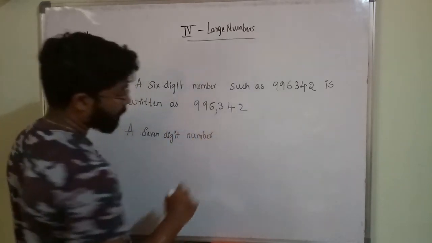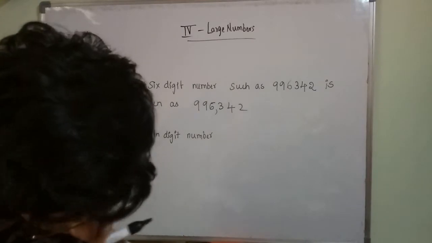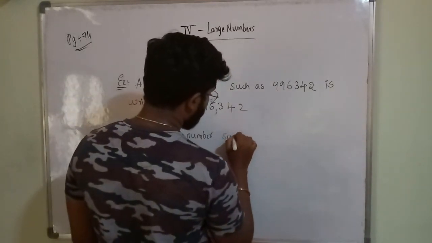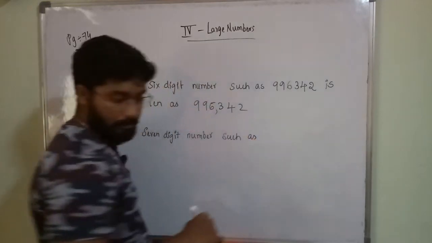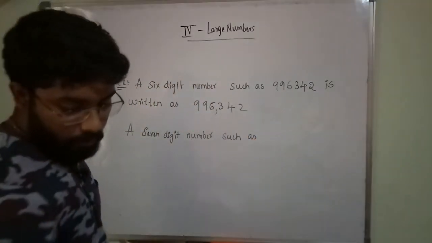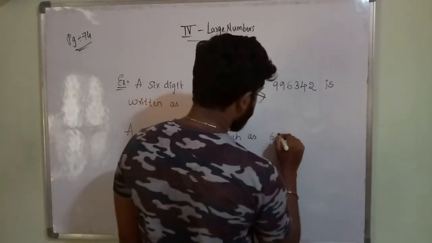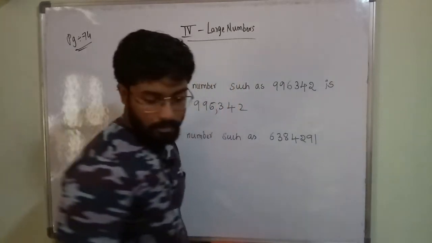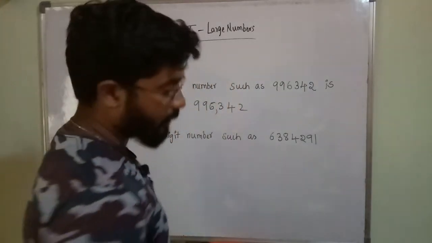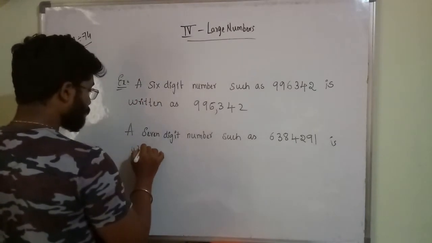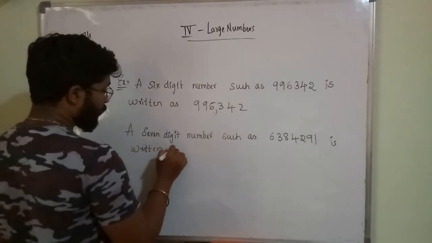Okay, next, a 7-digit number such as 6384291 is written how?